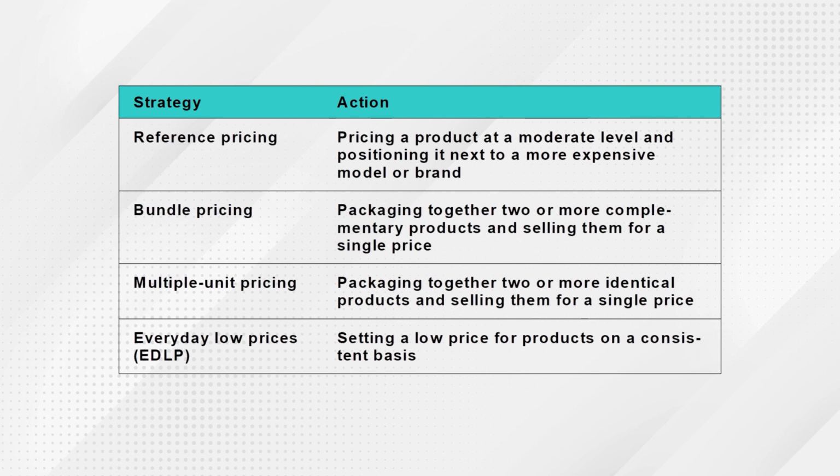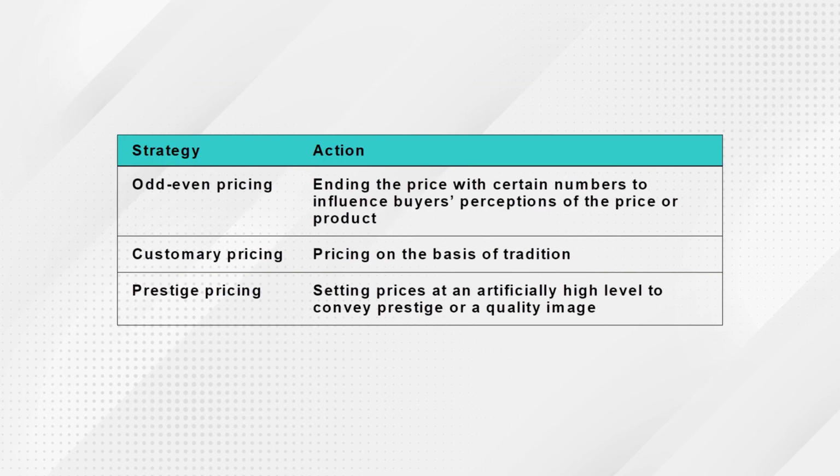These are strategies. Some companies use odd even pricing. Some companies have prestige pricing because the product is a very prestigious kind of brand. So different companies have different methods of selecting their pricing approaches.